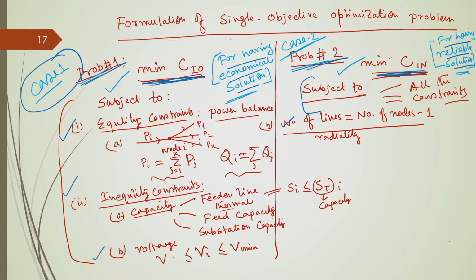That is the thing you should understand. All these technical constraints which I described in my last lecture are applicable for both problems. Only the objective functions change, but the constraints are the same for both.